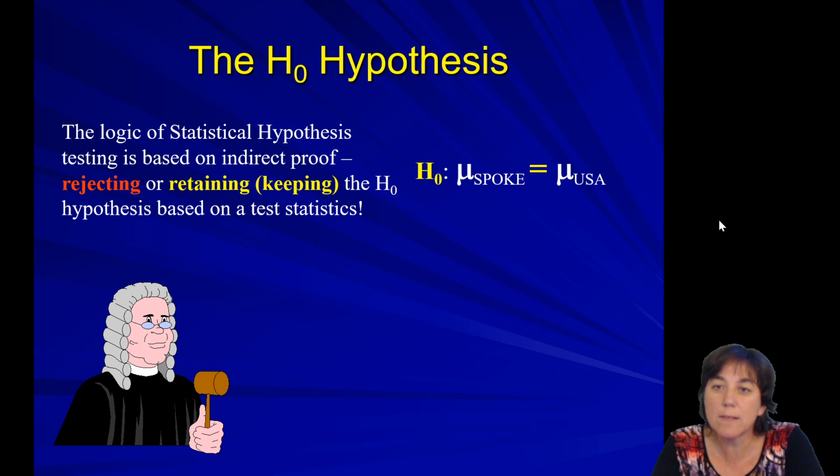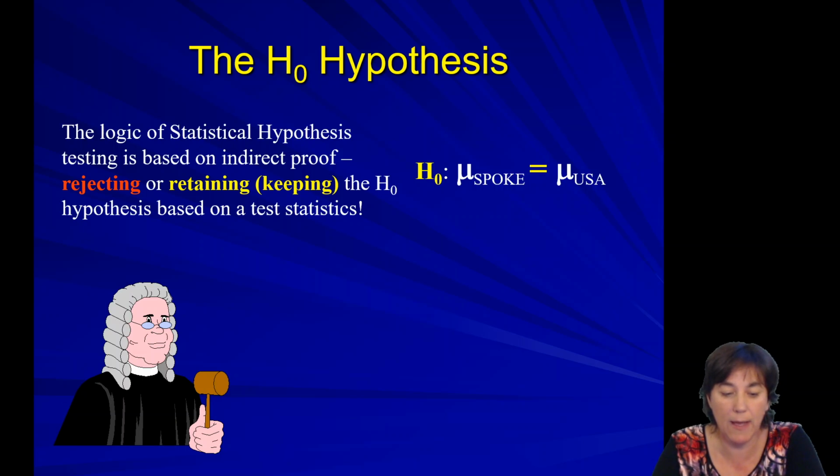So what is the null hypothesis? The null hypothesis is the essence of statistical hypothesis testing, and it goes similarly to lawyers' logic. So the statistical hypothesis testing is based on indirect proof, meaning that our null hypothesis stated here will be true unless we prove it wrong.